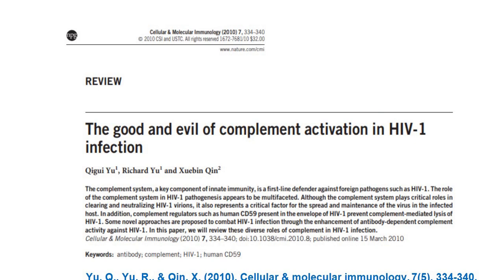Okay. This is Professor Wu and group, the good and evil of complement activation in HIV-1 infection. If someone is interested, you can always have the original research papers from me if you want to read. Otherwise, at least minimum your text you have to follow. This is extra information, of course.